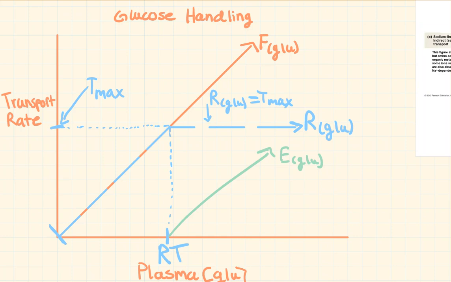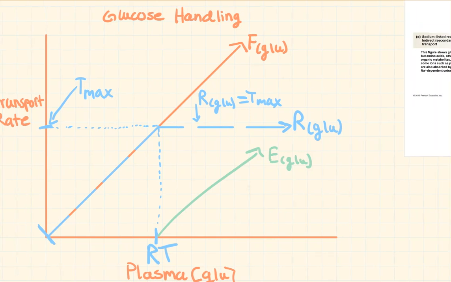What this green line is saying is once you have reached or passed your renal threshold, the more glucose you put into your blood, the more glucose you will see in your urine. This is urine because it is excretion. And we don't see excretion occur until the renal threshold has been passed.